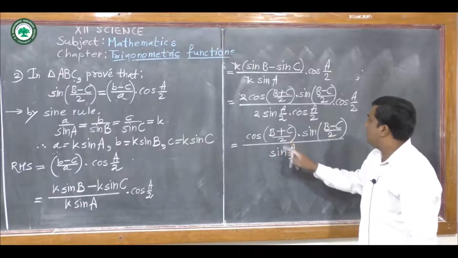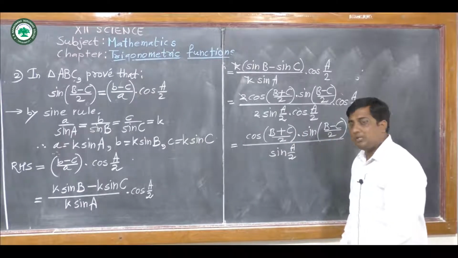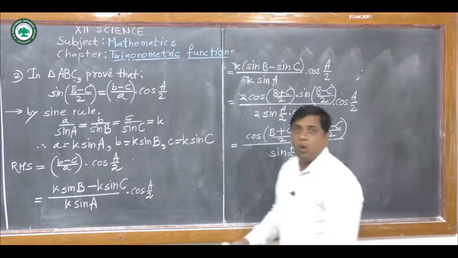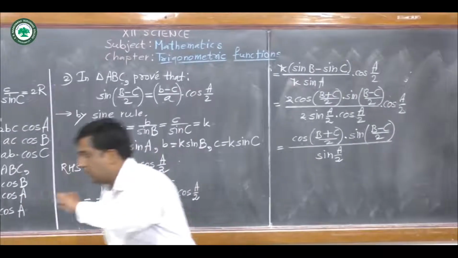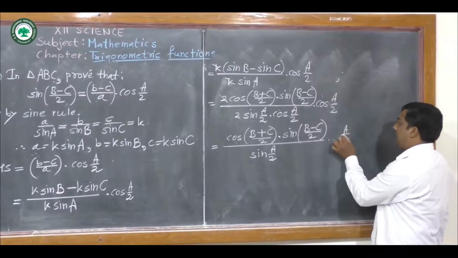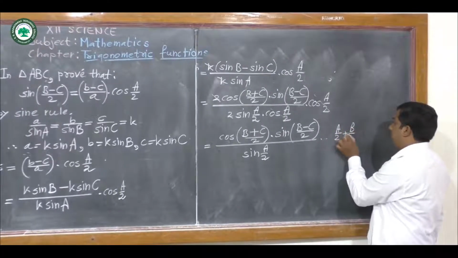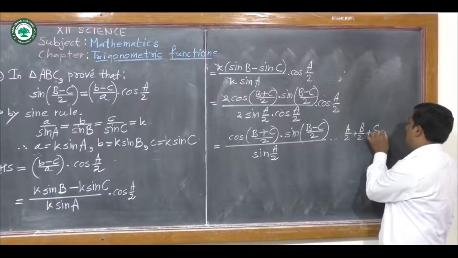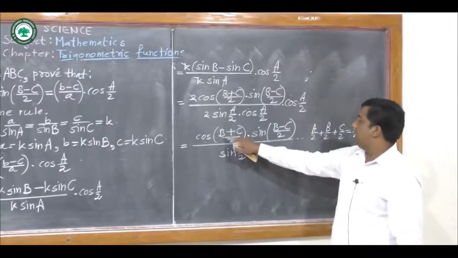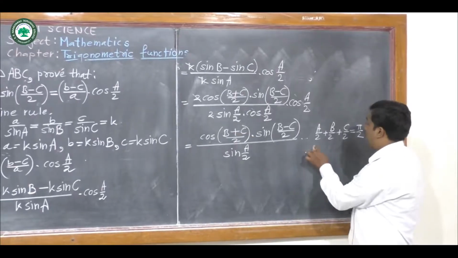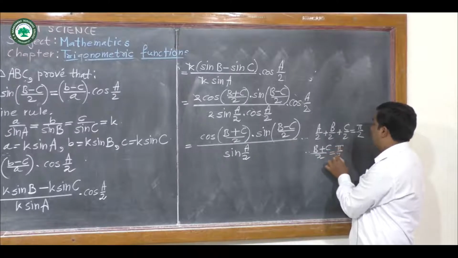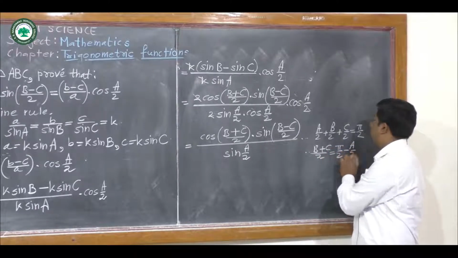Now (B plus C) by 2 is given. We have to focus on only cos of (B plus C) by 2 and sine of A by 2. So we consider one relation. Everyone knows that A by 2 plus B by 2 plus C by 2 is pi by 2. Here we want (B plus C) by 2, so I write (B plus C) by 2 as pi by 2 minus A by 2.